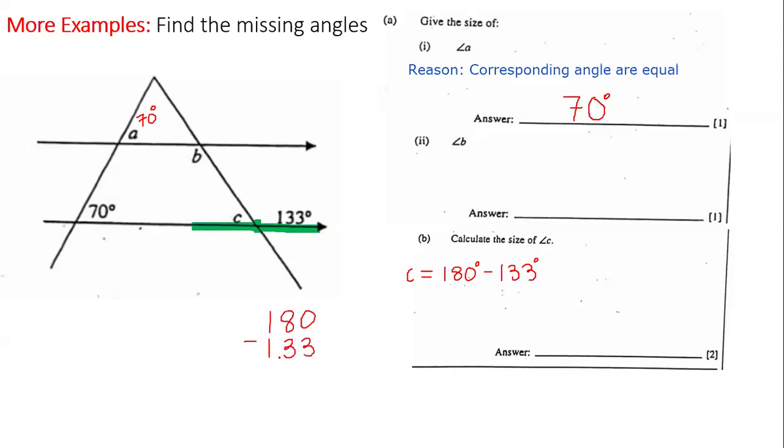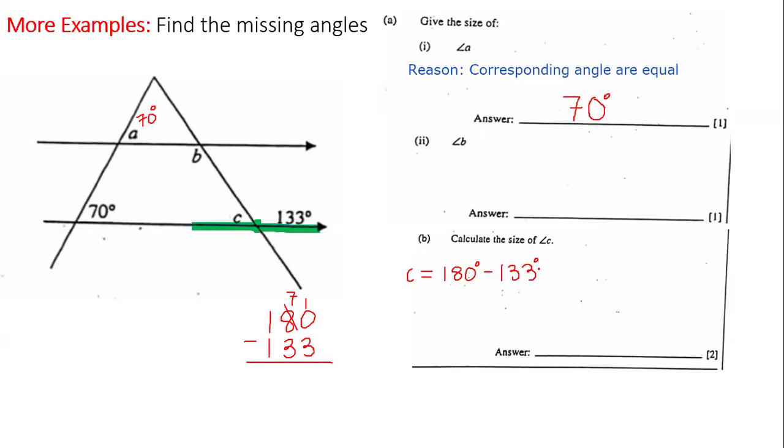Where's Anaya Monroe? Anaya, you don't participate in my class. What's happening? You have to interact. You have to participate. All right. So what is 10 minus 3, Anaya? Anaya, can you hear me?